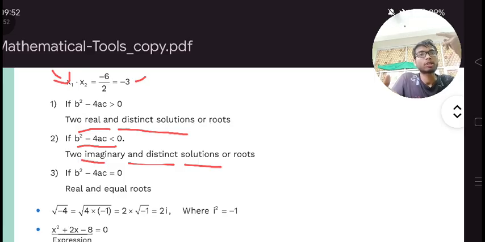But you will observe that those roots are equal. If one root is 1 upon 2, then the other root will also be 1 upon 2. And it is happening because D is equal to 0. That's all.